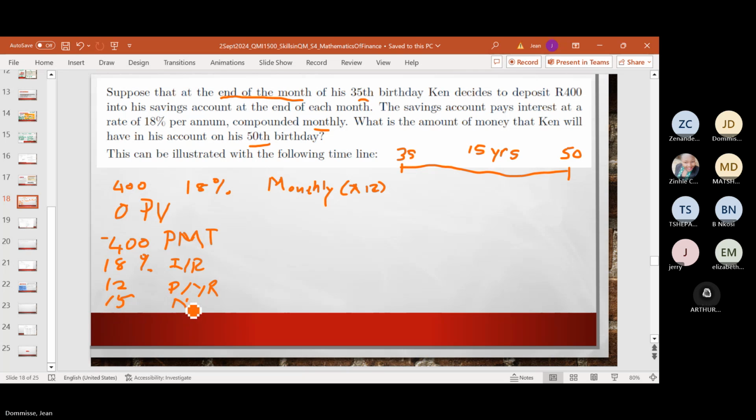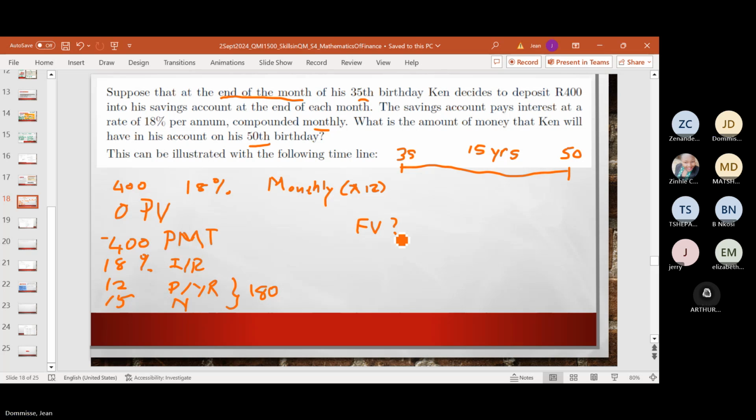So let's just quickly work out how many periods there are going to be in total. 12 times 15, so in total, there will be 180 periods. And then what do we need to work out? We need to work out the amount of money that Ken will have in his account on his 50th birthday. So we want to work out the future value.